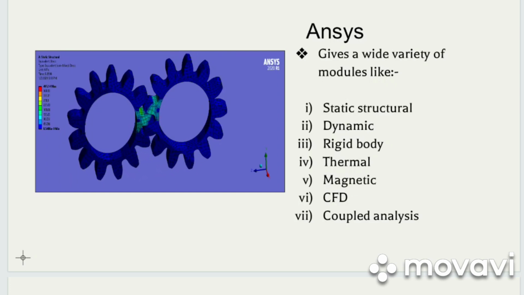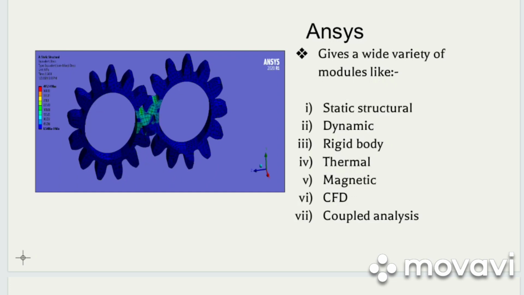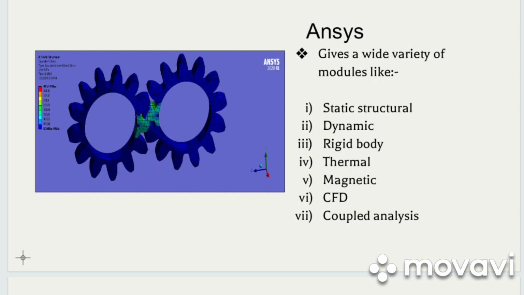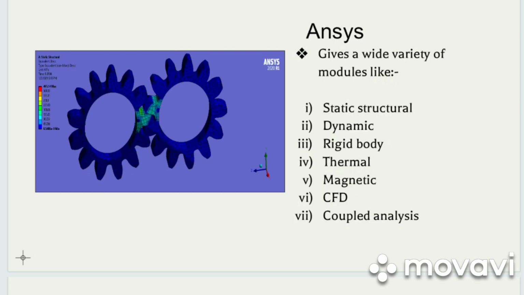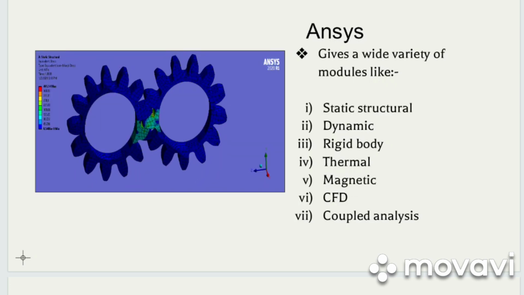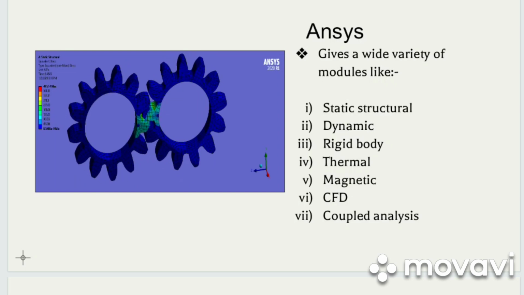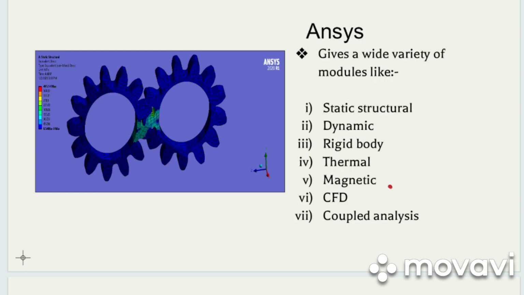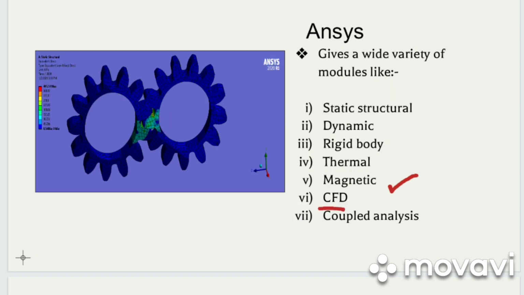Then if the body is in motion, you have to go for a dynamic module. Then there are rigid body simulations. If there is heat transfer, then we have the thermal simulation. Then if there is a magnet, we have magnetic simulation. Then for the flow we have CFD.